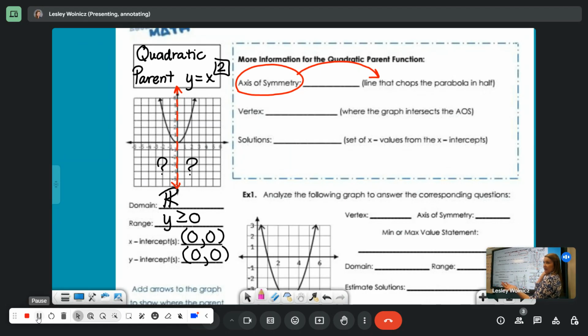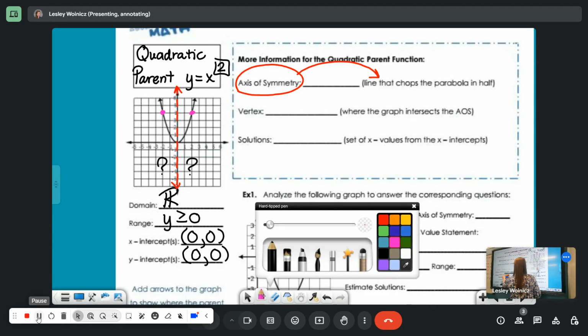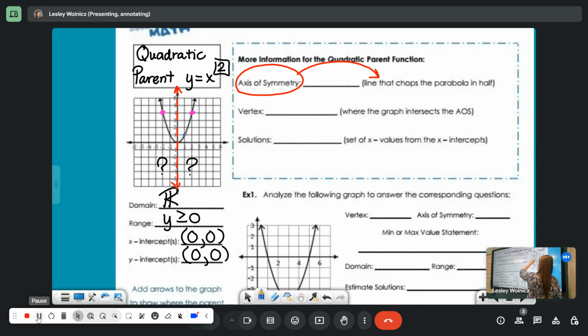Does everybody see that? If I take this point and put it the same distance on the opposite side, perpendicular distance, it will land right there. If I do this point right here, it has its mirror image right there.